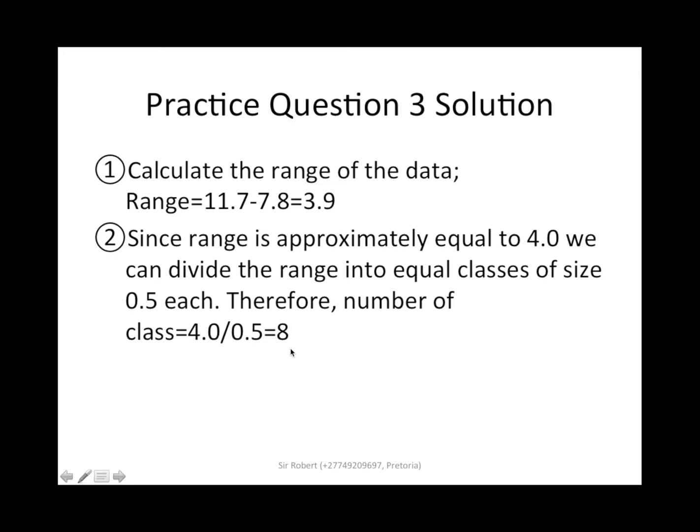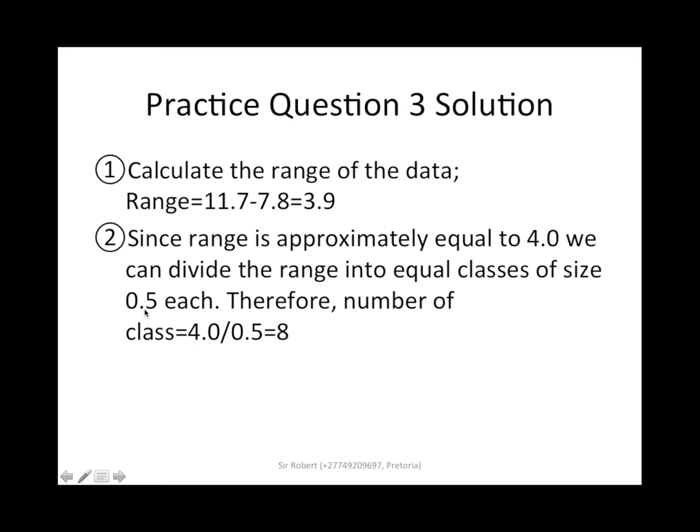Let me repeat it. You first find your range. It's the difference between the highest and the lowest. So the highest is 11.7 minus 7.8, then you get 3.9. So since the range is approximately equal to 4.0, we can divide the range into equal class sizes of 0.5.